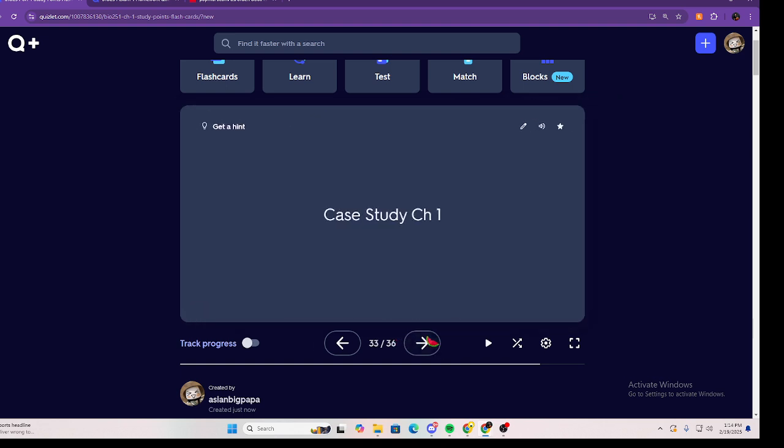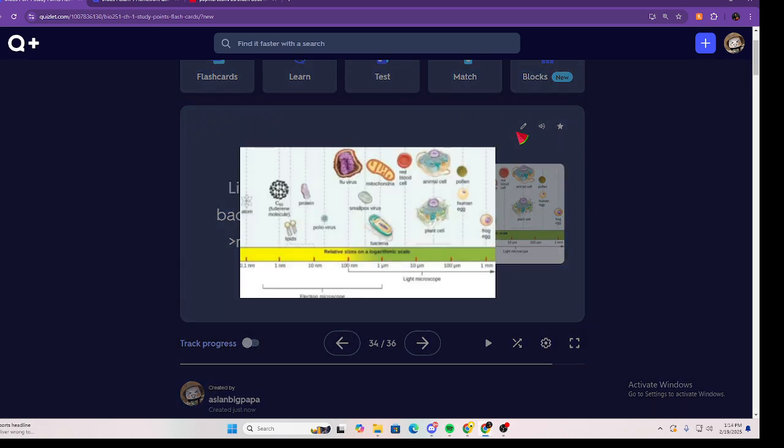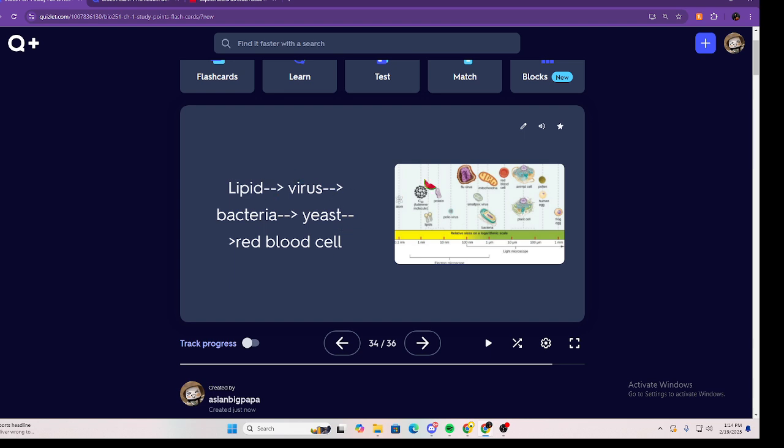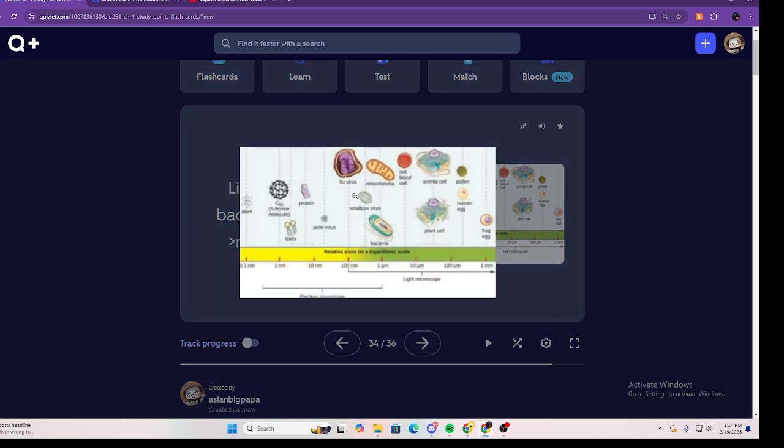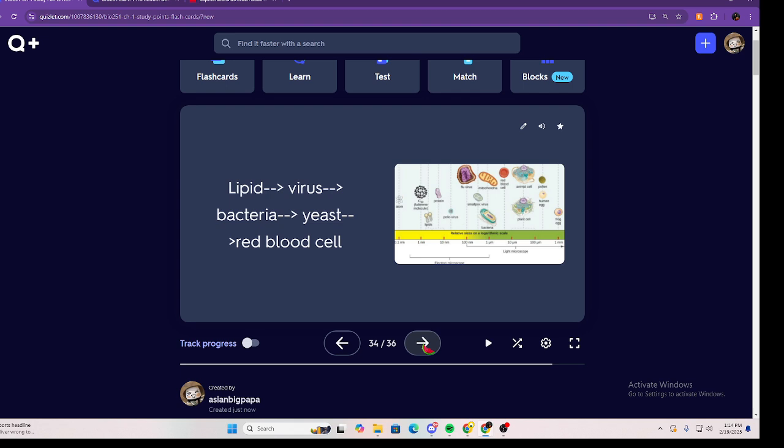And then relative size, you need to know this picture really well, or at least know that from smallest to largest, lipid is going to be the smallest, right? Then virus, then bacteria, because viruses will always be smaller than bacteria, to red blood cell, and human egg or frog egg. That's all you need to know.